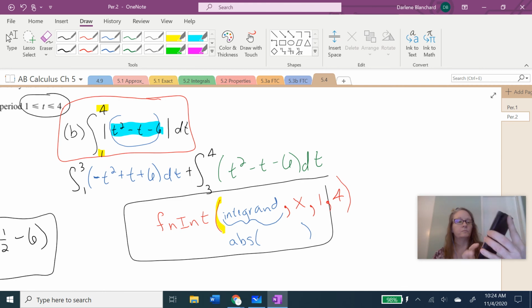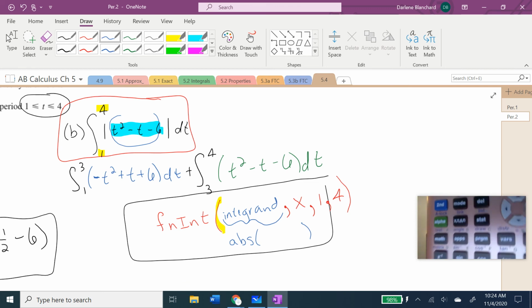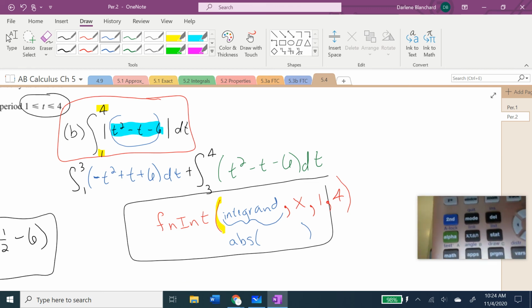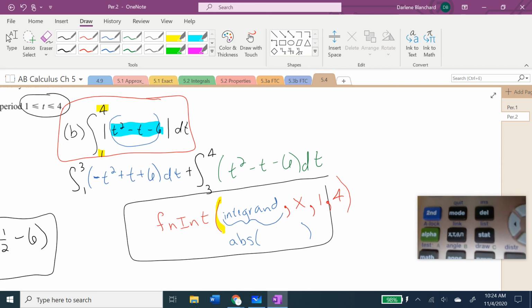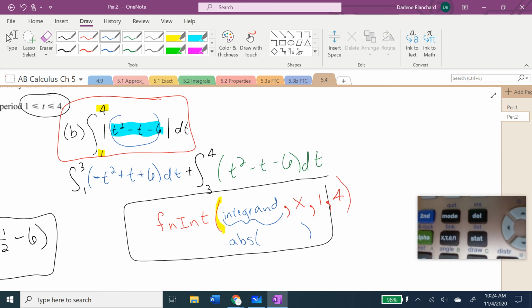Another thing, what variable should you use? You can choose any variable you want, but if you use a variable other than x to type into your function, you're going to have to push the alpha key every time you want to type that letter, and that's very tiring. It's easiest if you use the variable button. That is the xt theta n right underneath the mode button.